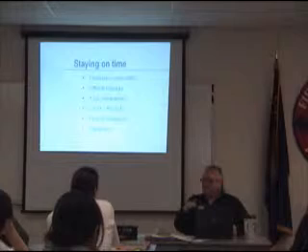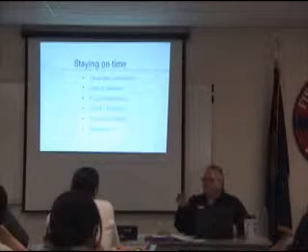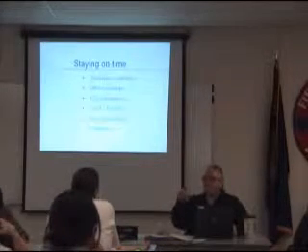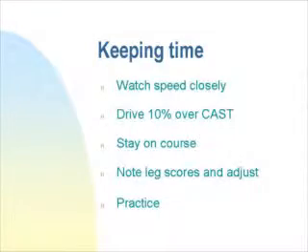So if they tell you to go 43, probably you're in a 45, you want to maybe try to go 45. Go a couple miles an hour higher, maybe 10%, to try to stay on time. So watch your speed closely, try to stay close to what they're giving you. The recommendation is to drive 10% over CAS.